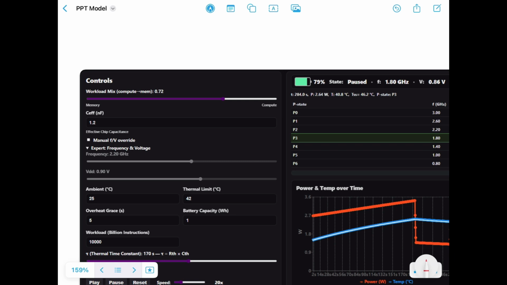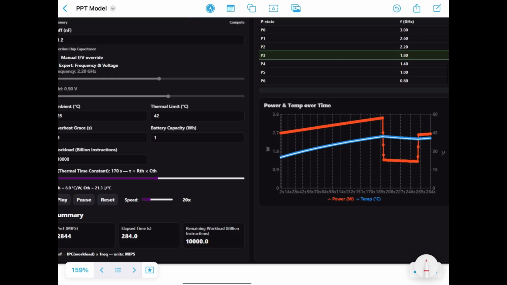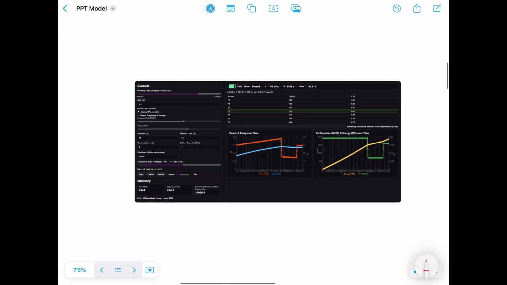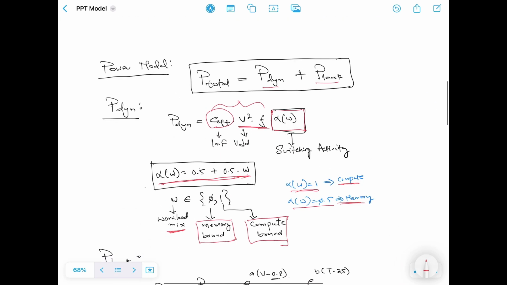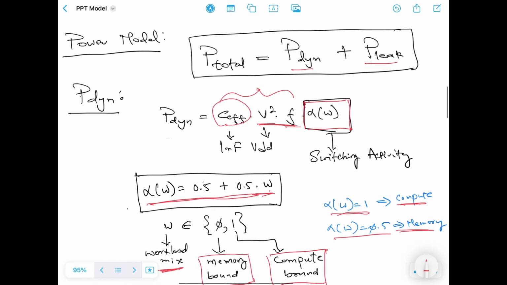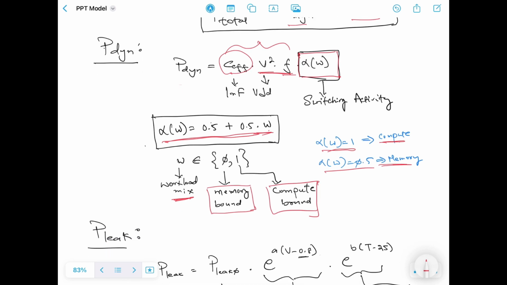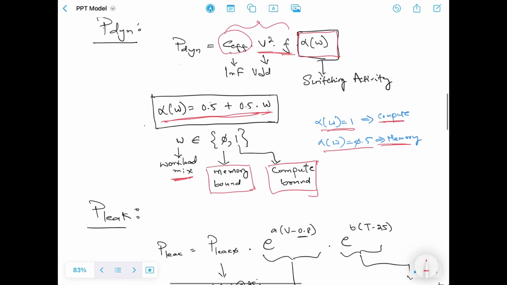If it is close to 0, it's more memory intensive. If it's close to 1, it's more compute intensive, and when it's close to 1, obviously we will have much more dynamic power than when it's close to 0. So that's the idea of the switching activity. That's basically the dynamic power.